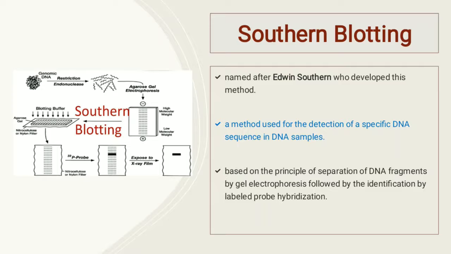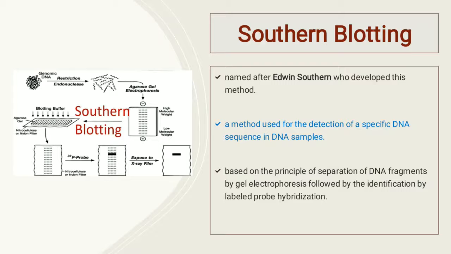For cutting the DNA into smaller fragments, you will need to apply restriction endonucleases. Restriction endonucleases cut the genomic DNA at specific sequences into smaller fragments that can be used to perform agarose gel electrophoresis. In case of southern blotting, you will use agarose gel for electrophoresis.